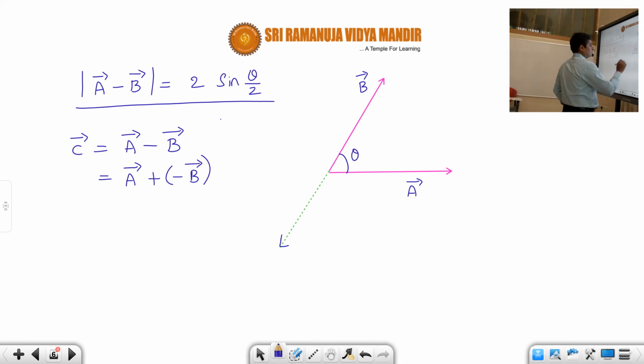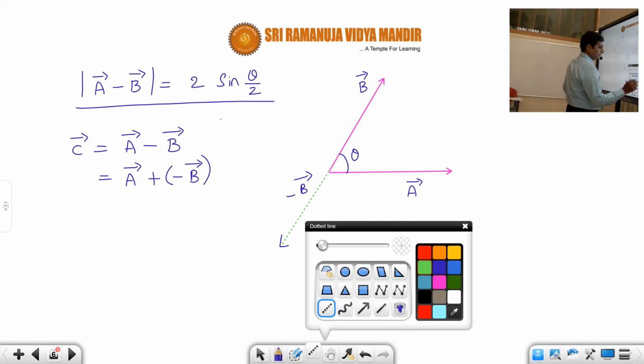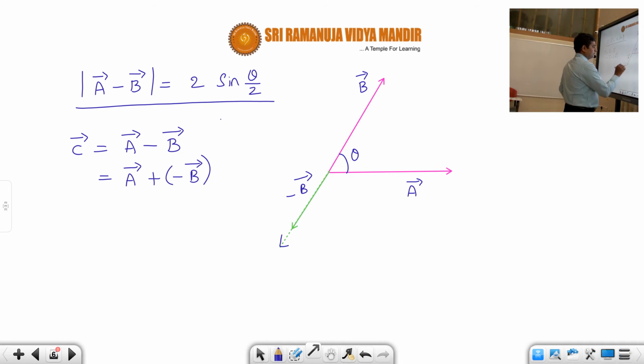So this is called the minus B vector, students. Now we have to add these two vectors, so therefore this is the C vector.